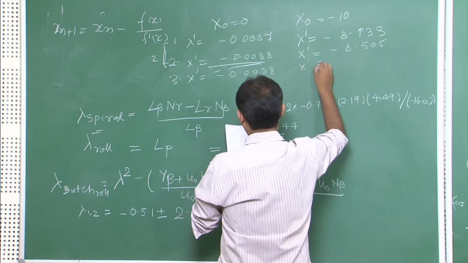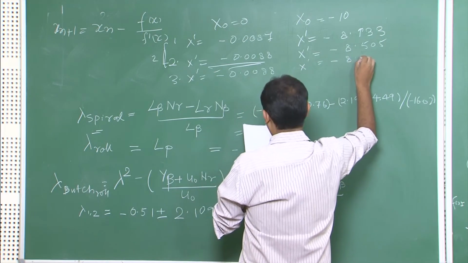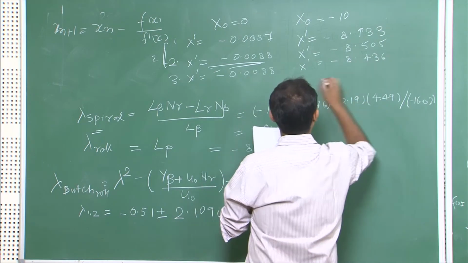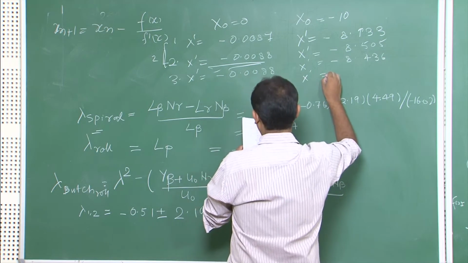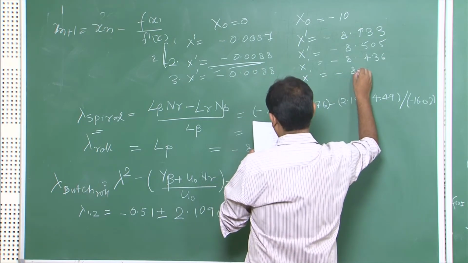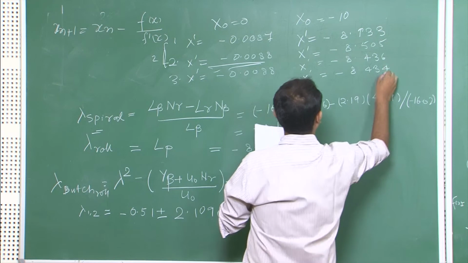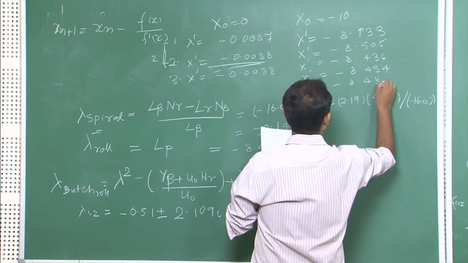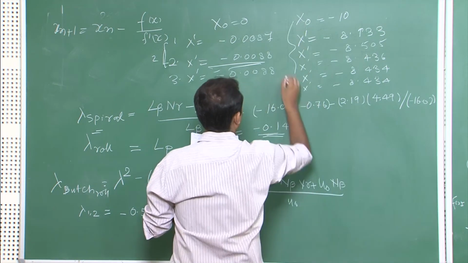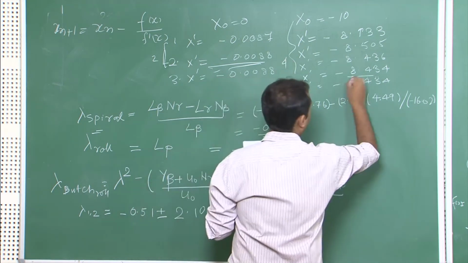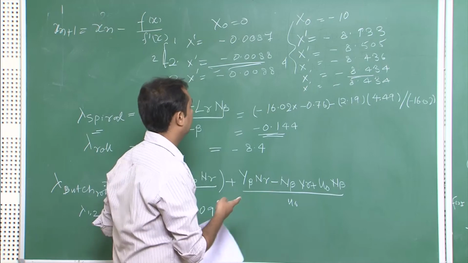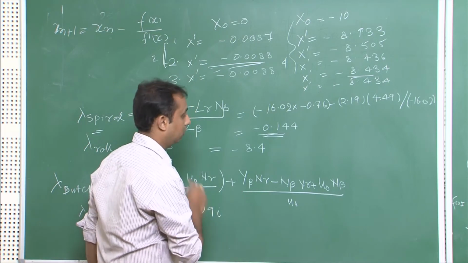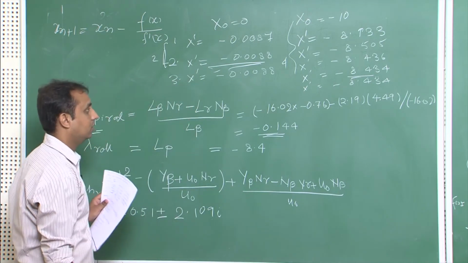Third iteration will give minus 8.436. Fourth iteration will give minus 8.434. Fifth iteration, minus 8.434. So you can see after the fourth iteration, I got the value of the root, the exact root of the characteristic equation.